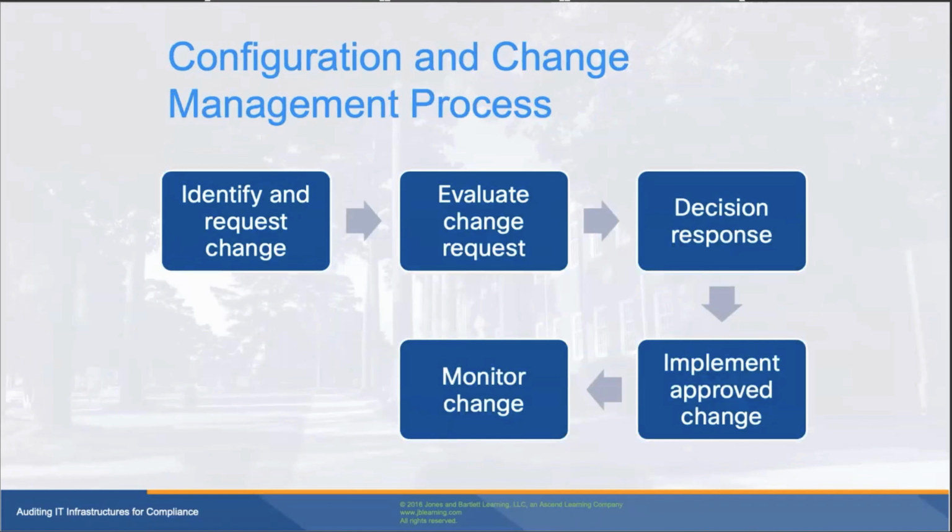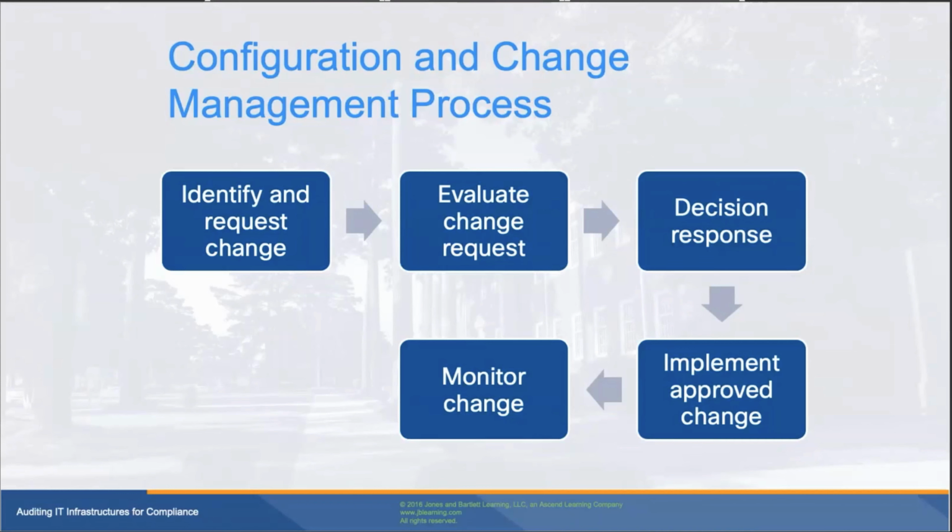So here's the process. Somebody says, I think the password should be 10 characters instead of 7. We're going to look at that. Maybe we have a change committee or a policy committee that's going to look at it and decide whether the change request should be acted upon or not.